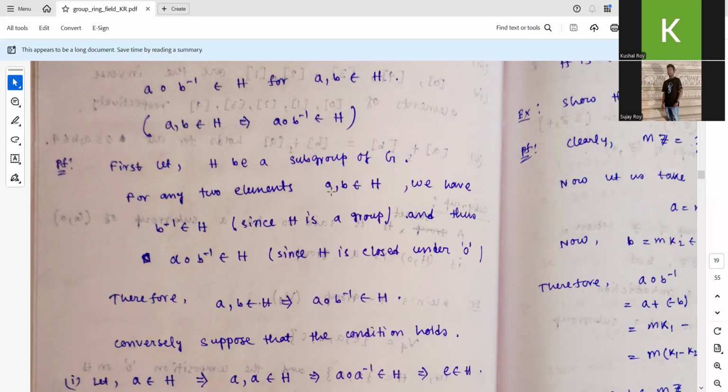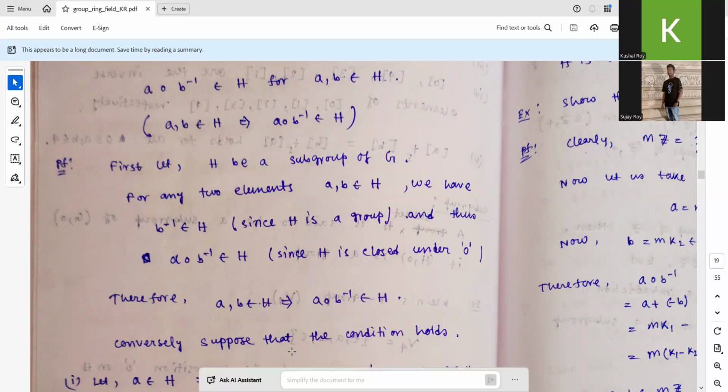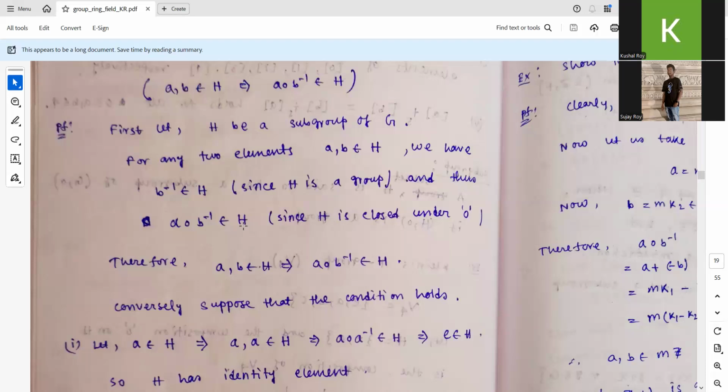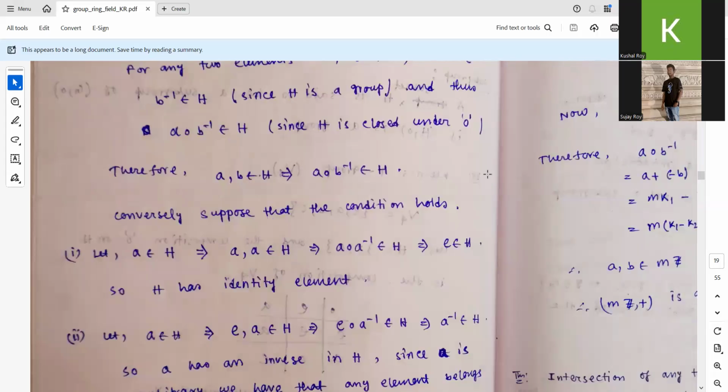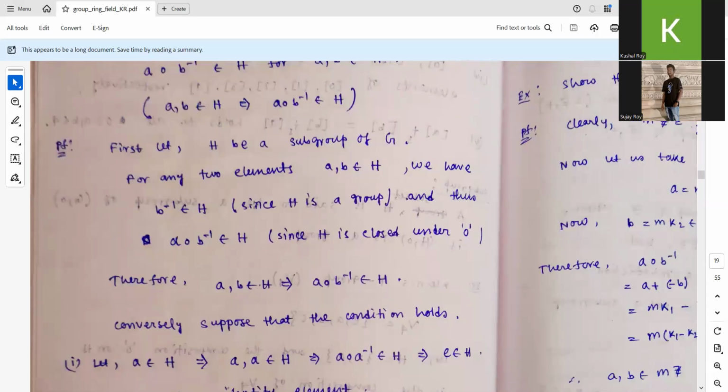If you consider any 2 elements A and B from H, since H is a group, B inverse also belongs to H, and since A and B inverse both belong to H, therefore A composition B inverse must belong to H. So A, B belonging to H implies A composition B inverse belongs to H whenever H is a subgroup of G.